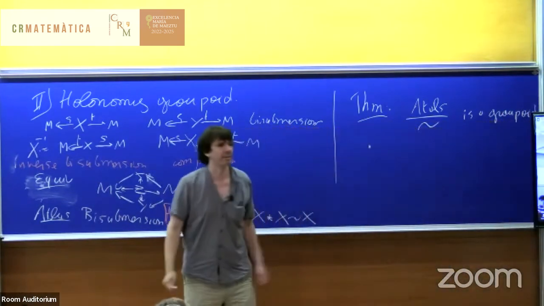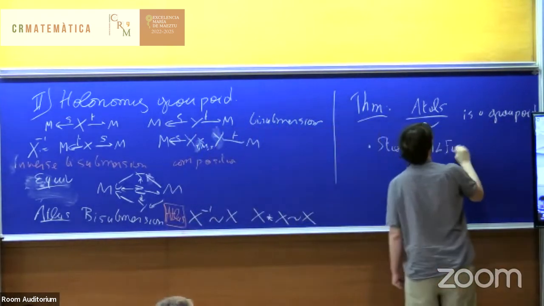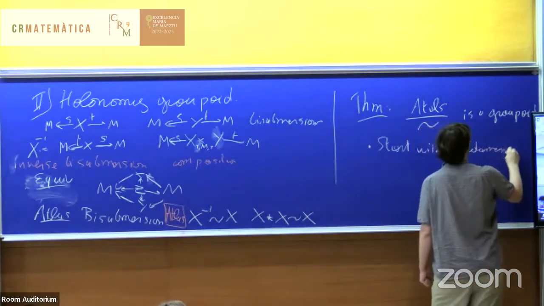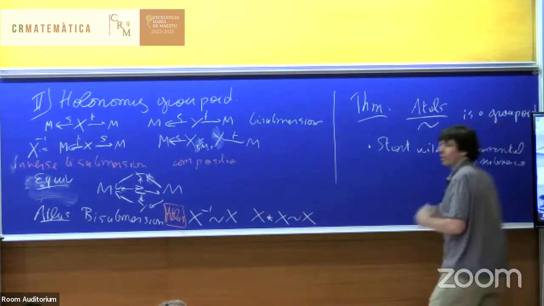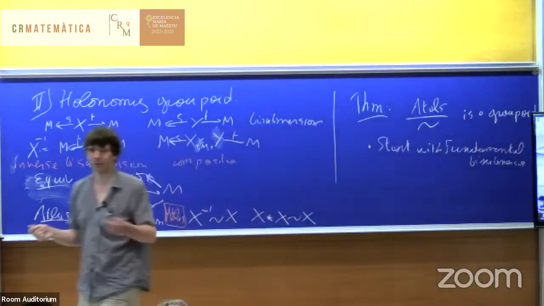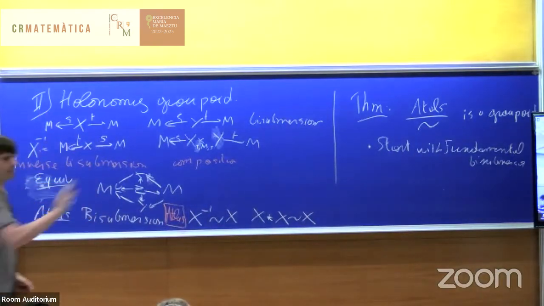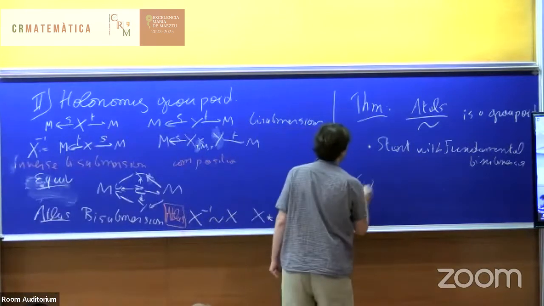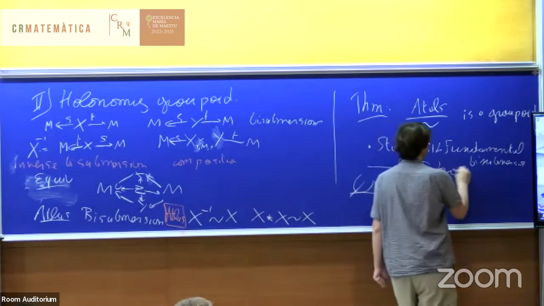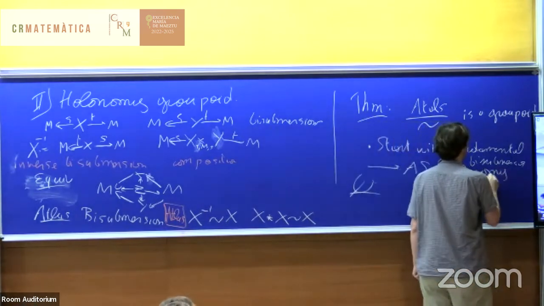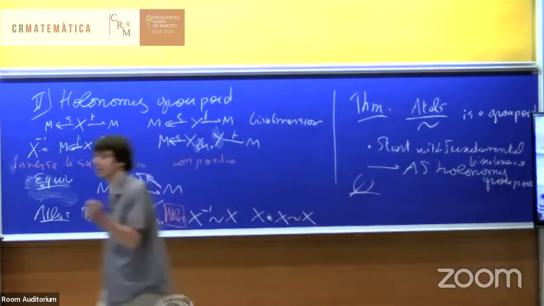And well, if I start with a fundamental bisubmersion, I get an atlas just by taking all inverses and all products of the fundamental bisubmersion. I make this construction, and we get the Androulidakis-Skandalis holonomy groupoid. I will describe more on Friday.